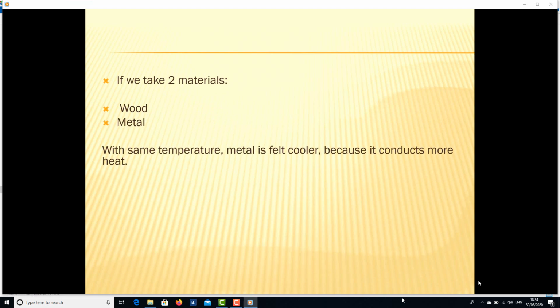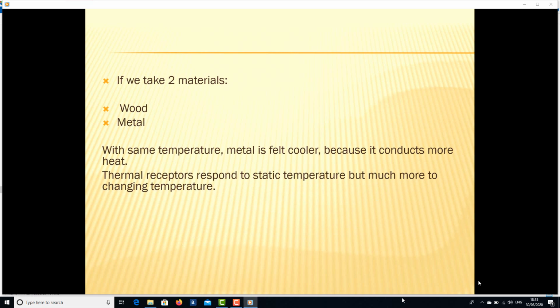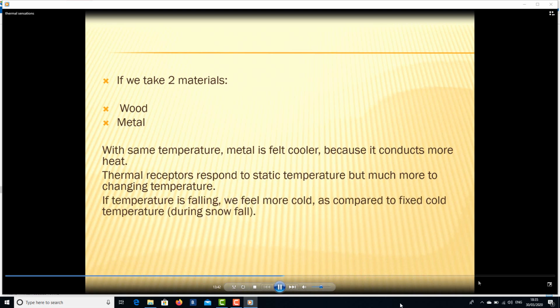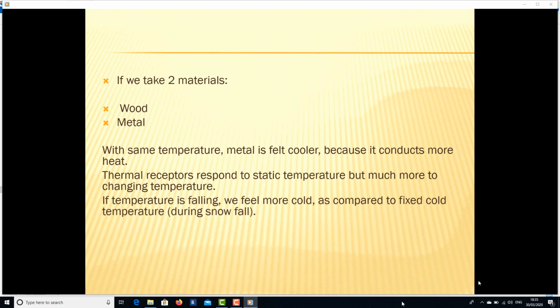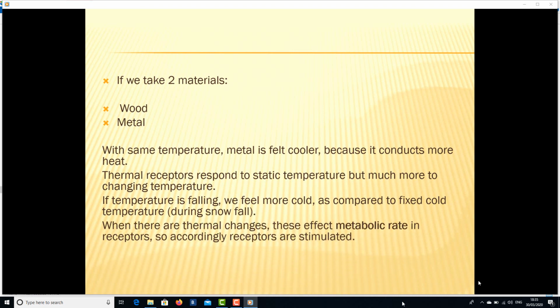At the same temperature, metal is felt cooler because it is a good conductor of heat. Thermal receptors respond to static temperature but much more to changing temperature. If the temperature is falling, we feel more cold as compared to a fixed cold temperature during snowfall. When there are thermal changes, these affect the metabolic rate in receptors, so accordingly receptors are stimulated.